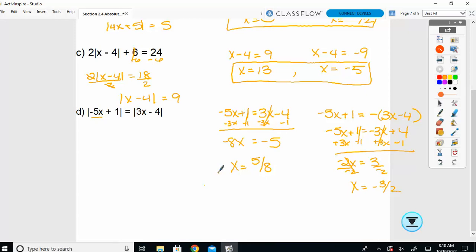And again, if we wanted to, all we have to do to check them is plug them back into the original. So even if the absolute value is on both sides, the strategy is the same. Just make sure when you do the negative, you distribute it through the entire side. Don't just put a negative in front. Are we okay with the absolute value equations here?